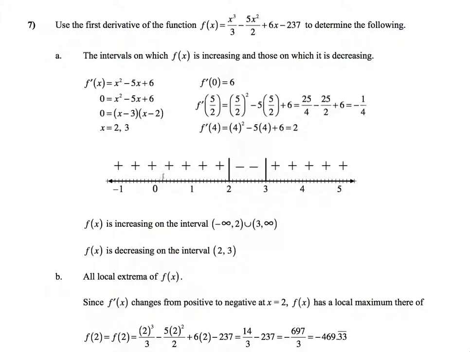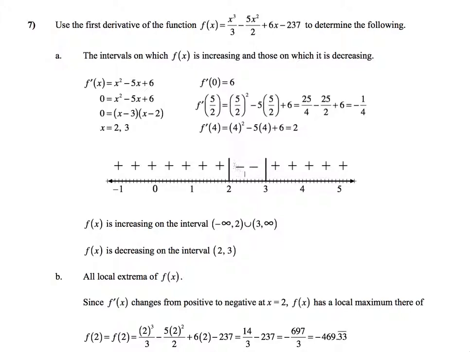I've chosen 0 because there's nothing really easier than 0. So 0 squared is 0, negative 5 times 0 is 0, and what we're left with is 6. So this derivative is positive at 0. It is then going to be positive on the entire interval, which is what we see here. And so on that interval, we know that the function is increasing.